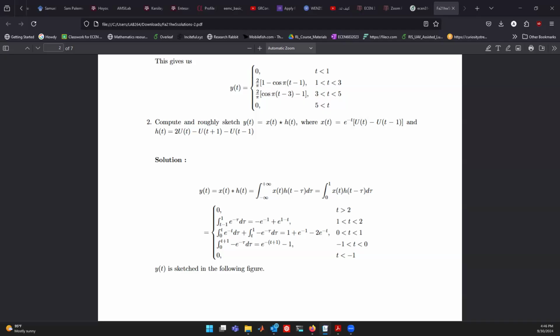And then we have minus u(t plus 1). u(t plus 1) starts at t equals minus 1, takes value 1 and then remains 1 until t approaches infinity. But here we have minus 1, so it would be like this.